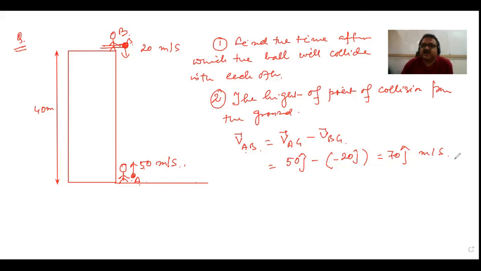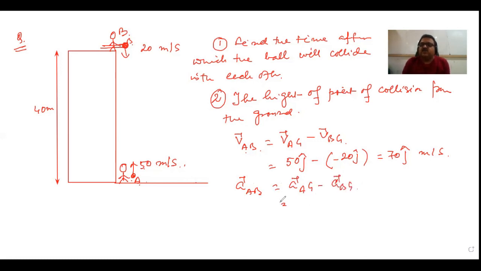So in this case, acceleration will play an important role. So we need to find the acceleration of A with respect to B, that is acceleration of A with respect to ground, and acceleration of B with respect to ground.